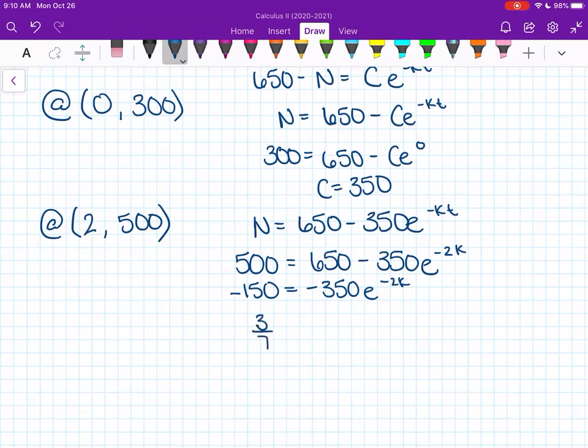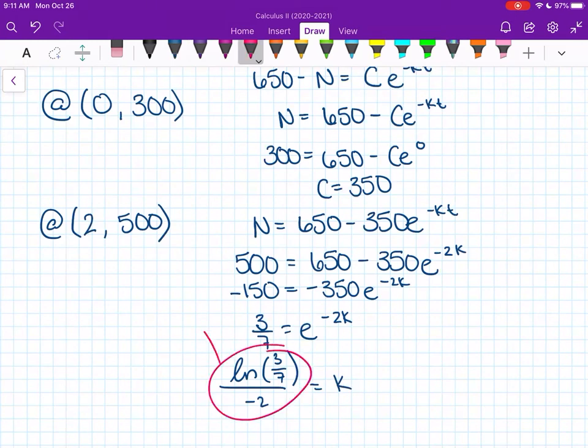Solving for k, we get 3/7, the negatives will cancel, equals e to the negative 2k. Take the natural log and divide by that negative 2, and that's what k will equal. I'm going to store this in my calculator with the STO button, as k.